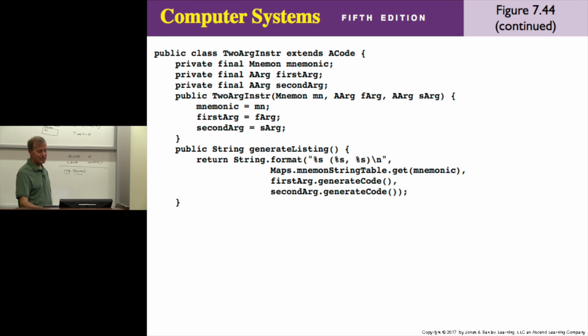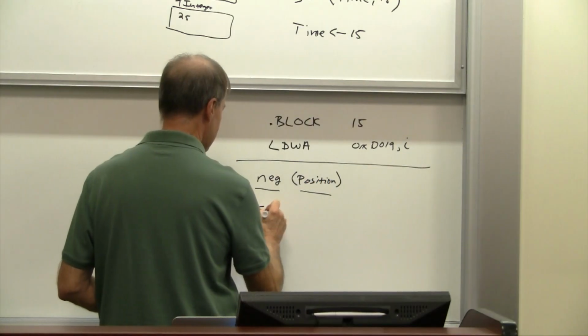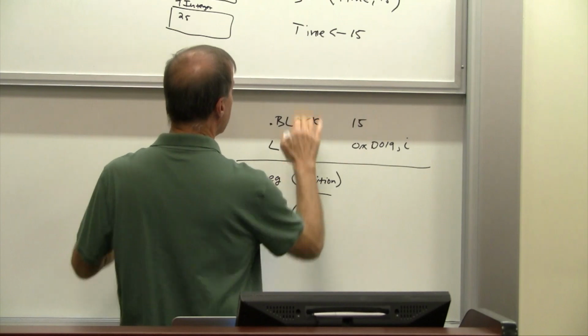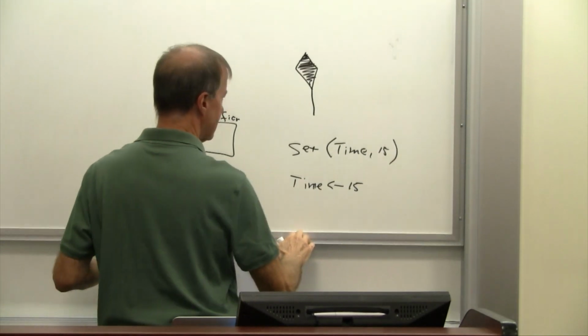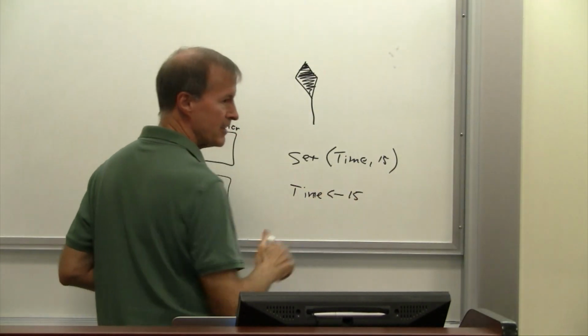Only thing is, you see here the generateListing returns String.format, and only this time instead of neg position, it would be like set time, comma 15.